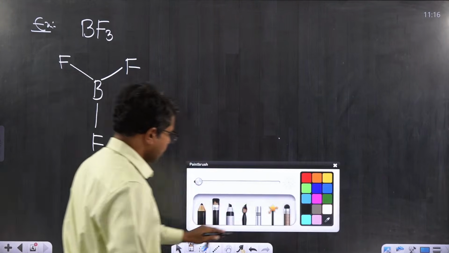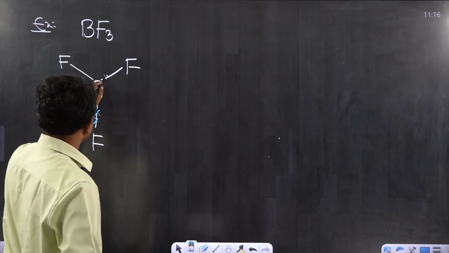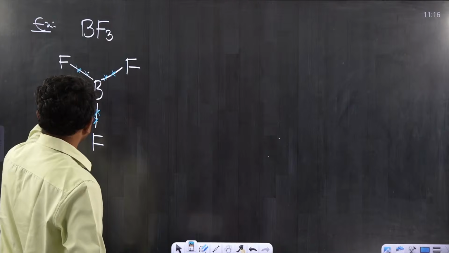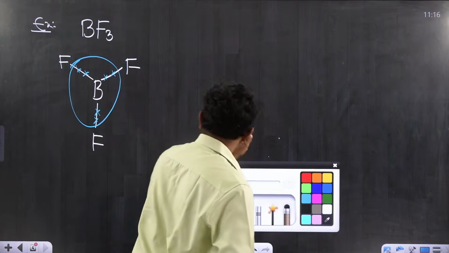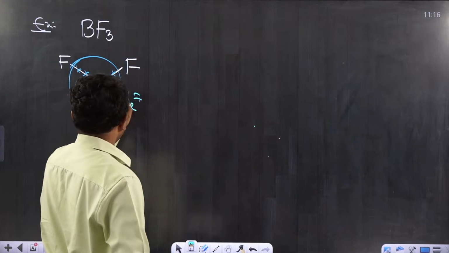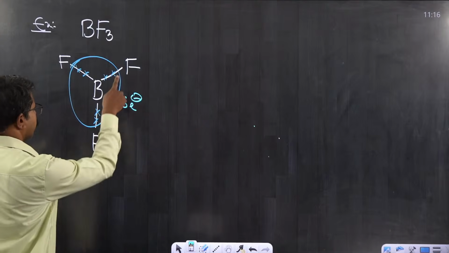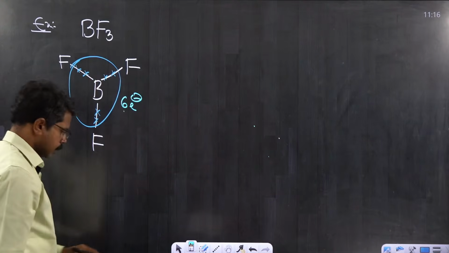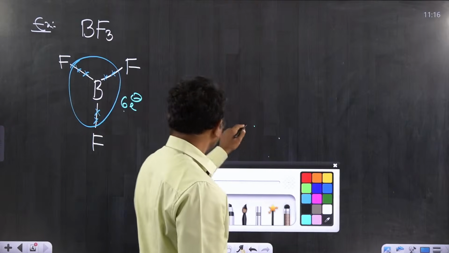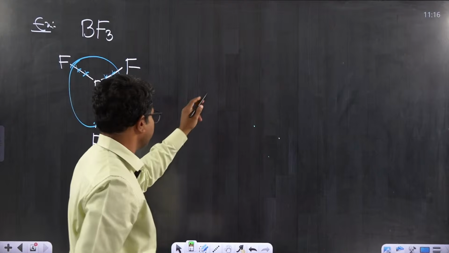If you consider the total number of bonded electrons surrounded by boron, there are 6. So in the valence shell of boron in BF3, the total electrons surrounded by boron are 6. It is short of 2 electrons for attaining noble gas configuration.